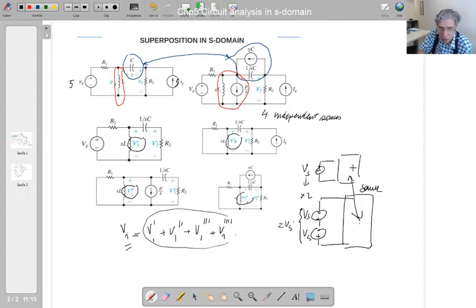I am saying whatever you found here is going to be multiplied by 2. Why is that? Because in my new circuit here, if I do the calculation by removing this one, I am going to find whatever I found here. That's one thing, isn't it?